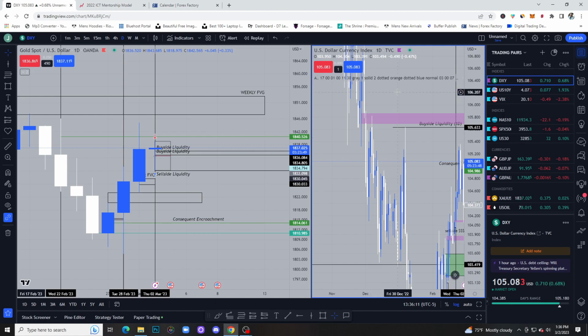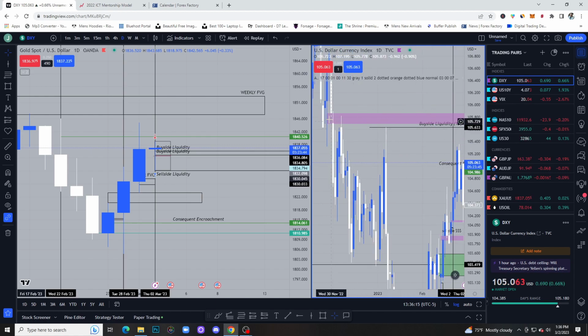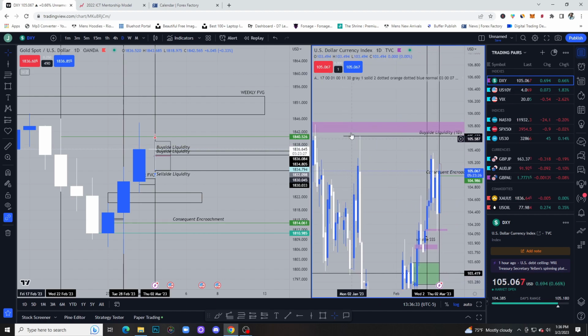I treat these volume imbalances as real support and resistance levels, because this is basically void of any trading per se. You see, it tapped into here last year in December, and it hasn't been revisited since. But this is an area that I'm highlighting and keeping note of because I'm anticipating some type of reaction out of here.